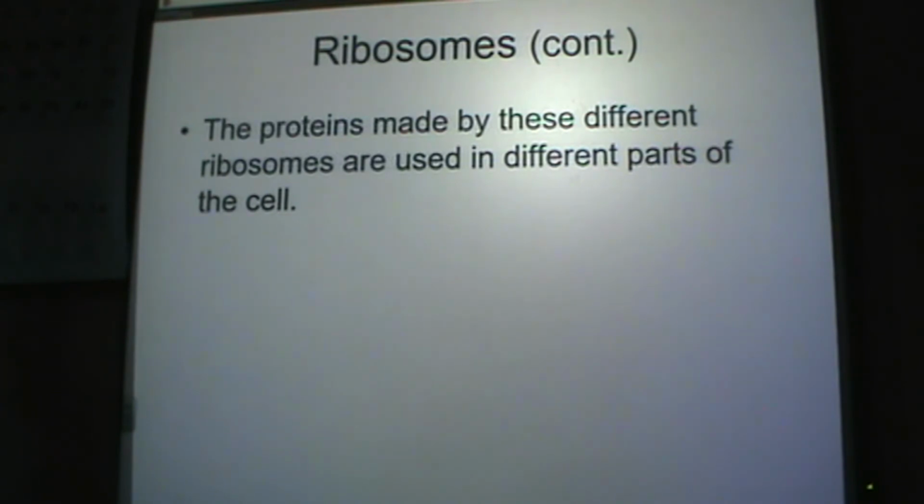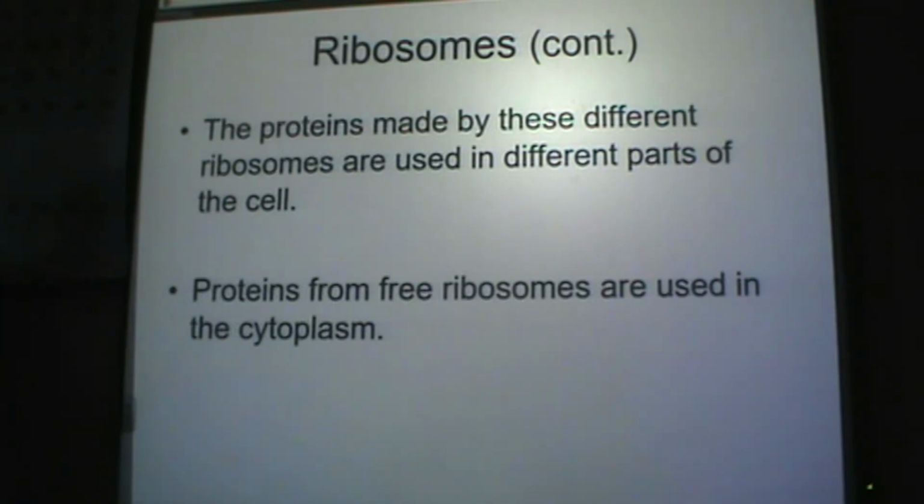All right, proteins made by these different ribosomes are used in different parts of the cell or different parts of the body, as we saw in dress yesterday. Mary, I guess, was showing off what's left of a strawberry, a floor burn from volleyball, and the proteins used to fix that came from all over, but mostly from that area. Proteins from the free ribosomes are used in the cytoplasm.